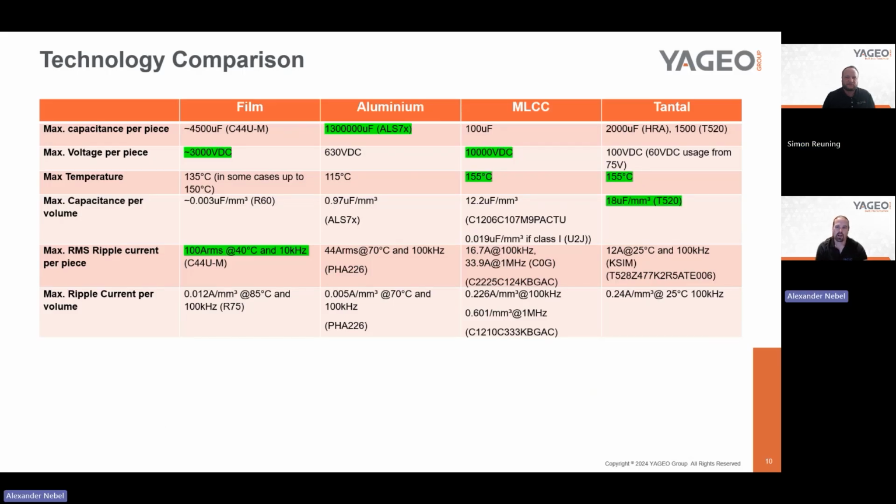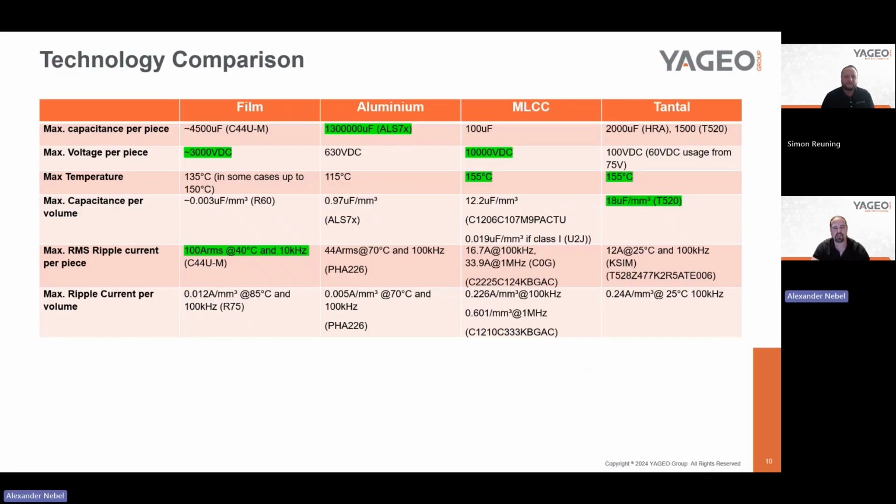Yes, correct. The table we see here digs deeper and compares the four capacitor technologies with their features and benefits, and the maximum available values at YAGEO Group. The main advantages of each series are highlighted in green. For example, you can see that the MLCCs offer a very high voltage range up to, depending on the series or the size, 10,000 volt.